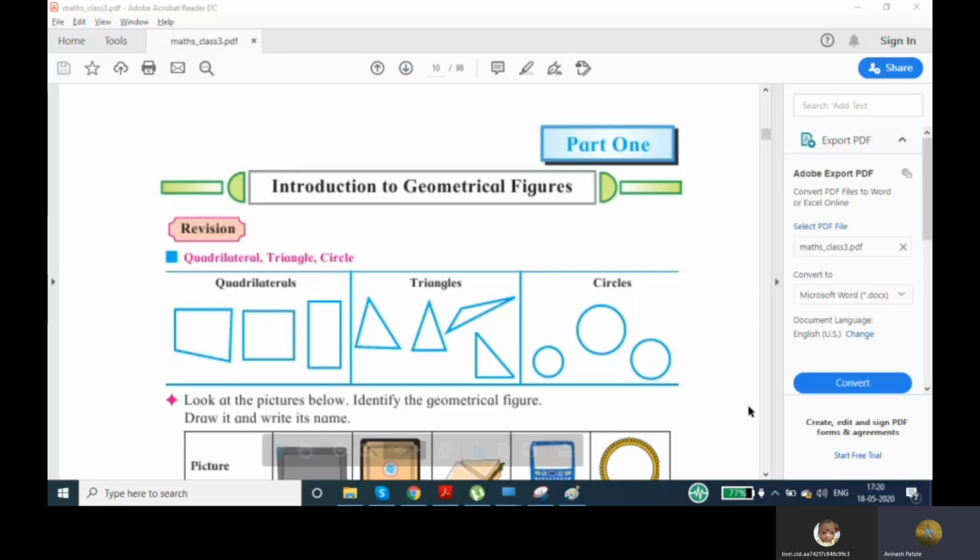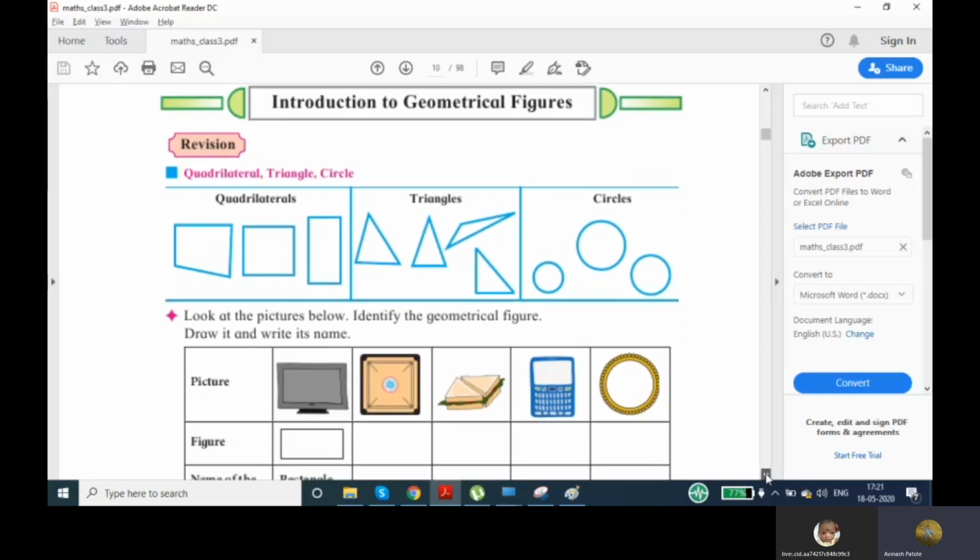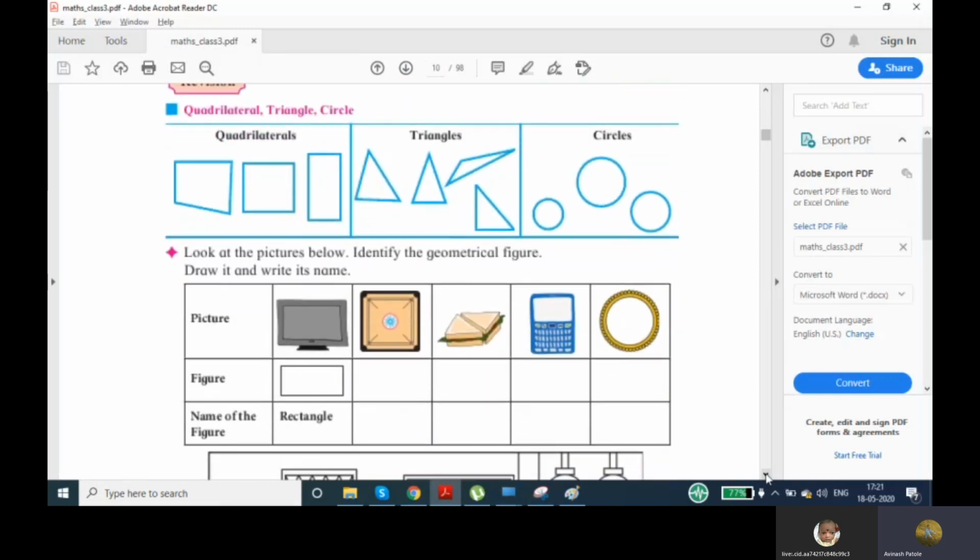In the first part, we can see this is revision, which is quadrilateral, triangle, circles. So the base purpose here is to help you understand what type of shapes these are.